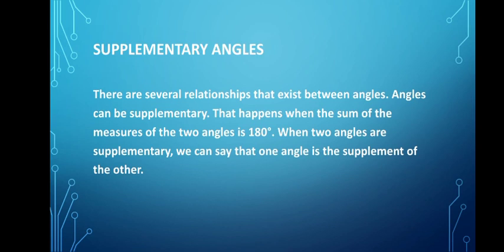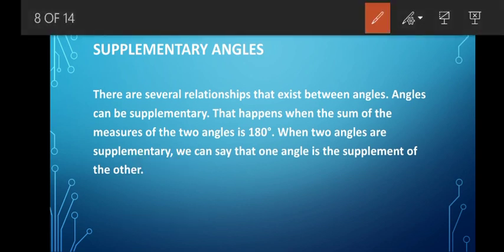So for example, let's just think that this is a straight line, this one, and this one. This is point A, point B, point C, and point D. So that is just an example.